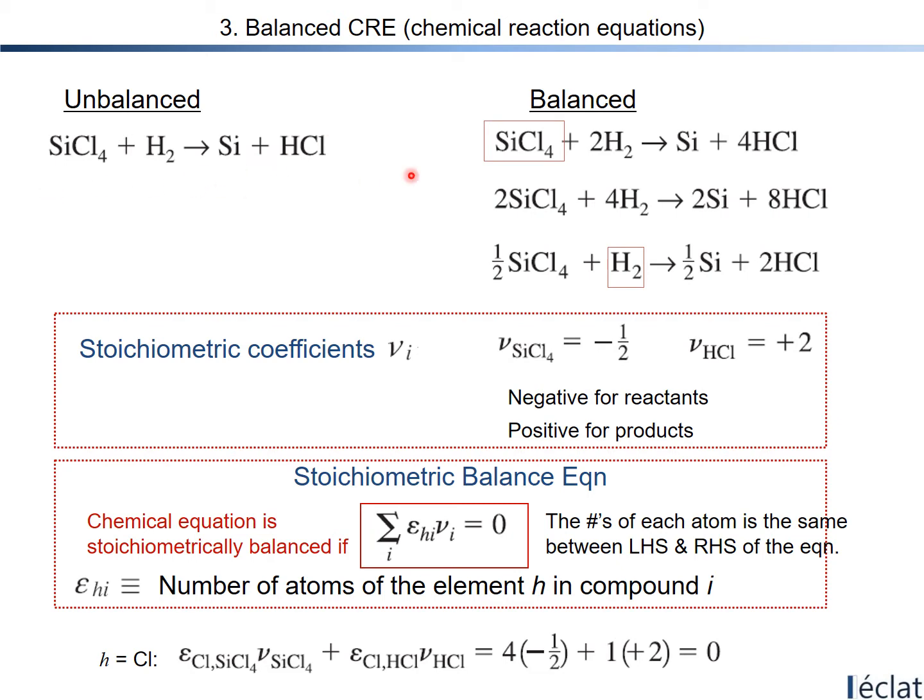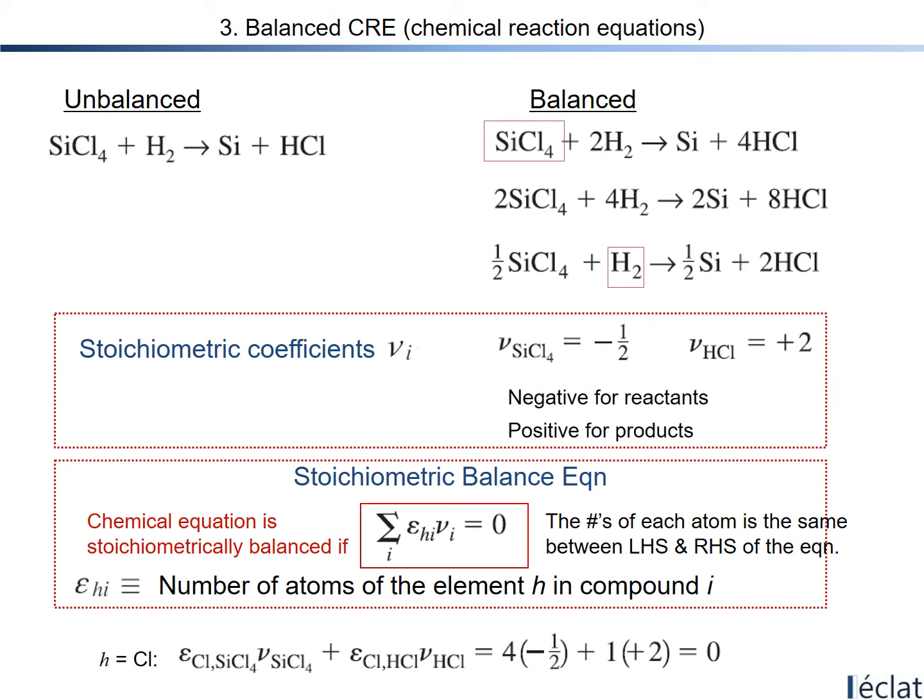This is the unbalanced CRE. Then let me try to balance these CRE after evaluating the stoichiometric coefficient for each entity of the CRE. It's very easy and you can do it.